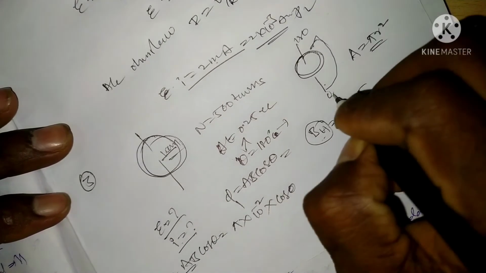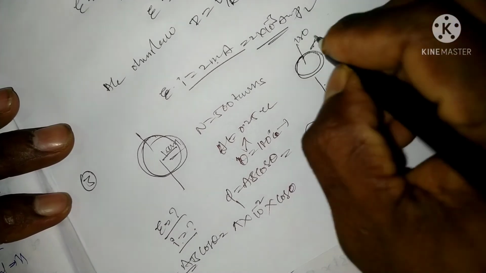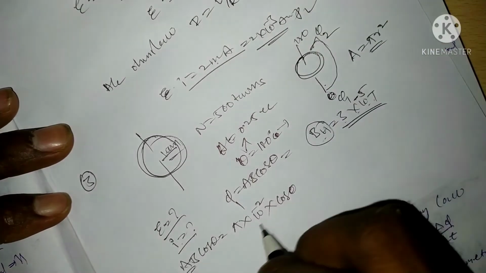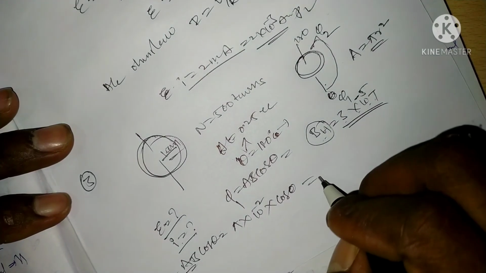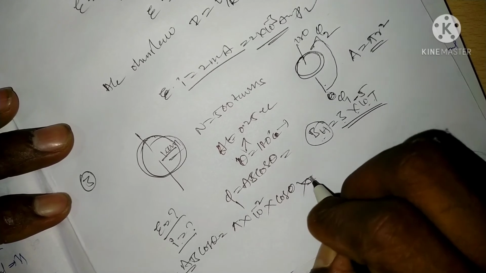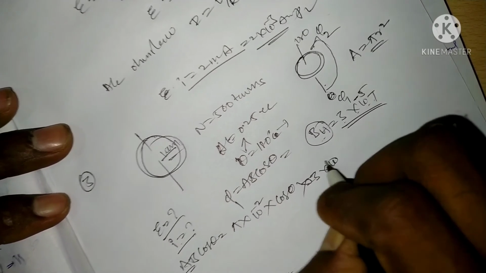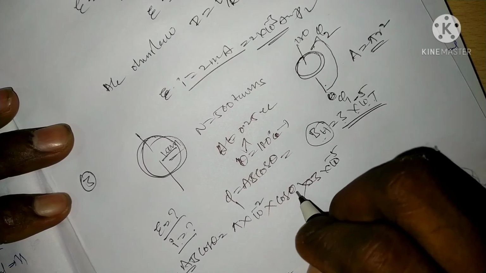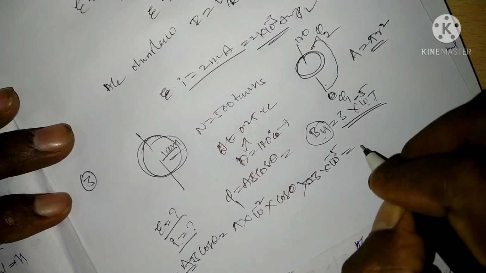In the first, initial case, it is cos 0. After 180 degrees, it is Φ2. Cos 0 is 1, and the B value is 3 × 10^-5.